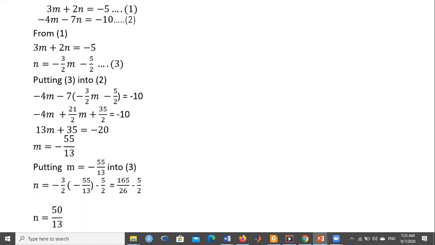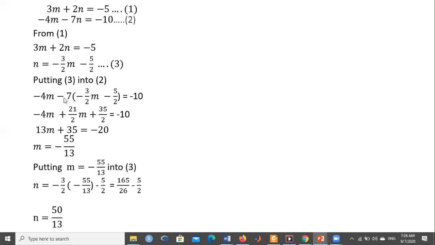Therefore, we are now going to substitute equation 3 into equation 2. So in equation 2 we have minus 4m minus 7, and n now is negative 3 over 2 m minus 5 over 2, equal to minus 10.